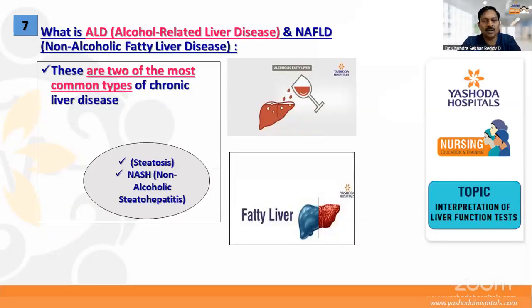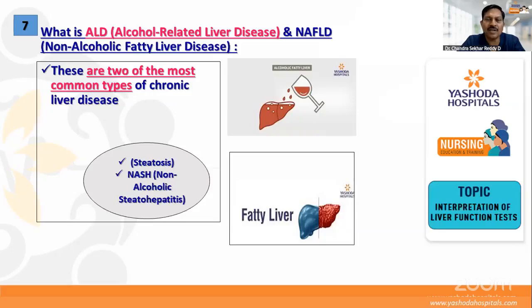Commonly, if you do the ultrasound and there is any fatty liver, it can be related to alcohol or MASLD, that is metabolic dysfunction associated steatotic liver disease. So first we have to ask the patient whether he consumes significant alcohol or not.